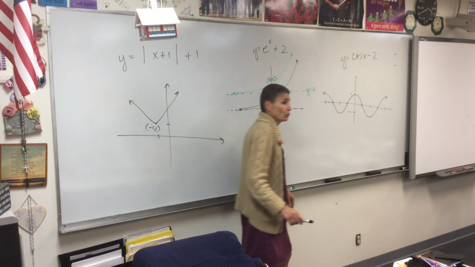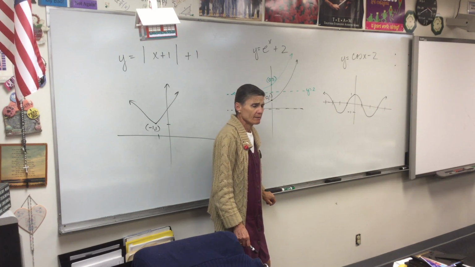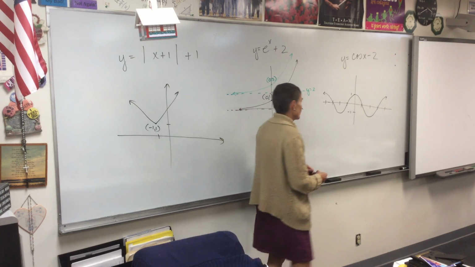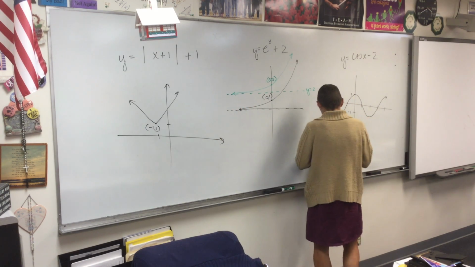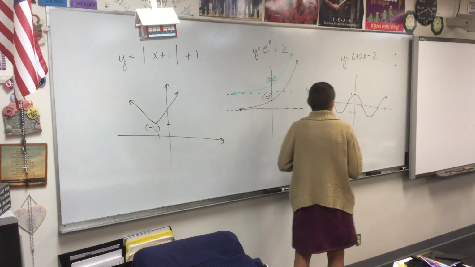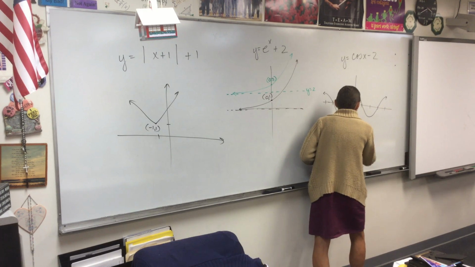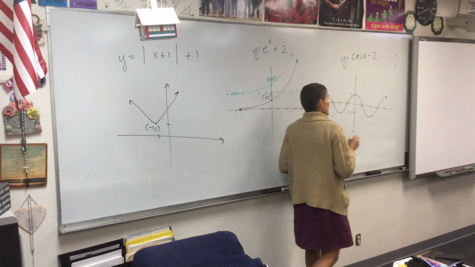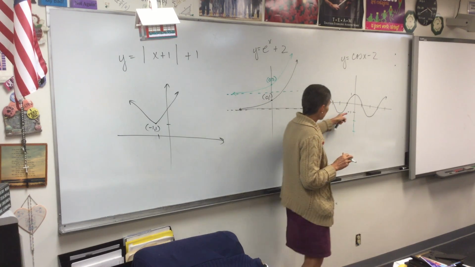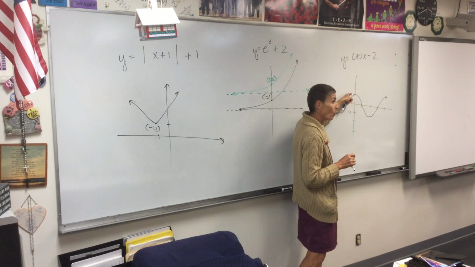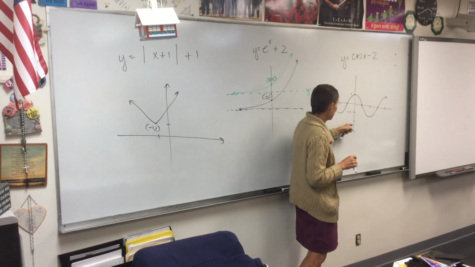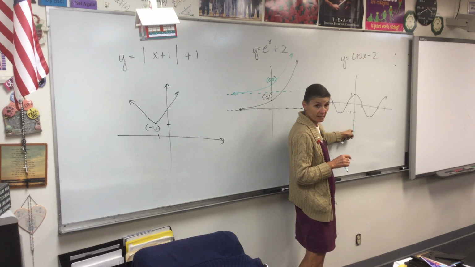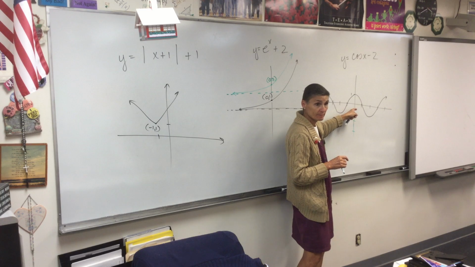All right. Okay, now we're going to do what to it, did we say? Move it down 2. So everything in the picture is going to come down 2. So kids, that means instead of bouncing back and forth between -1 and 1, it's going to be bouncing back and forth between -3 and -1.